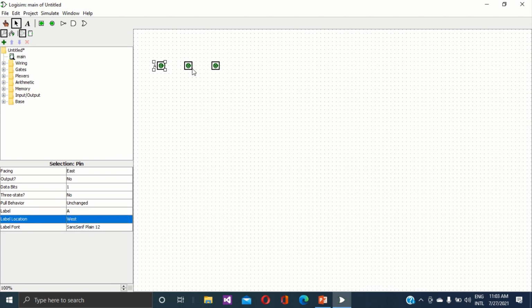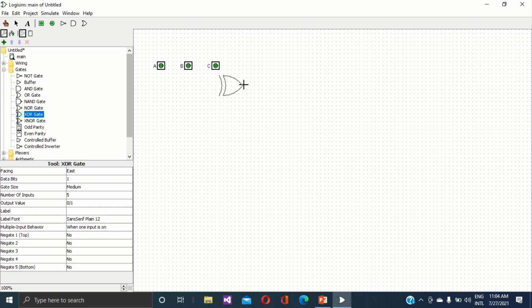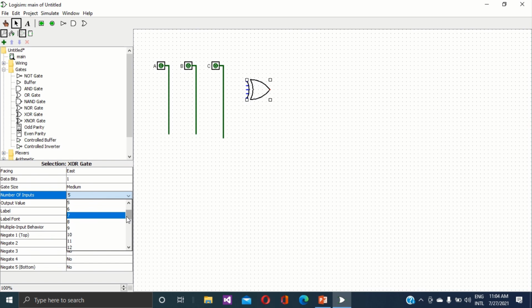This is input of A, this is input of B, this is input of C. Now I am going to use an XOR gate. Now I have changed the number of inputs to 3.